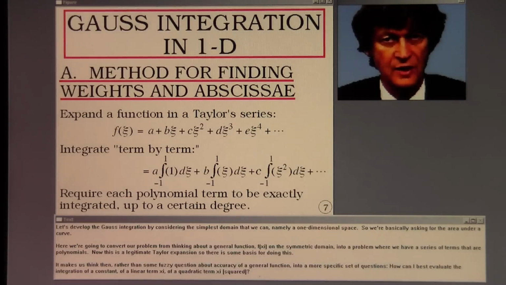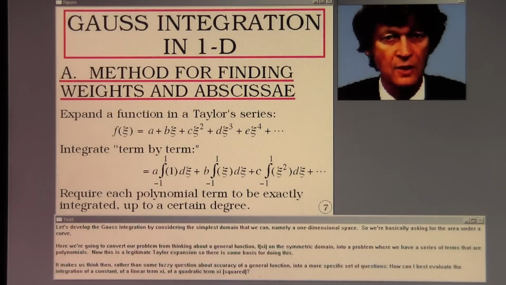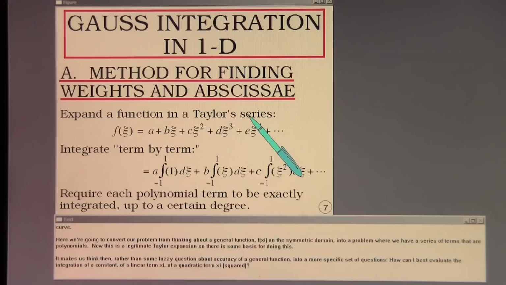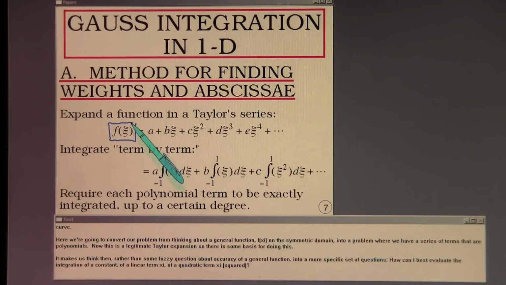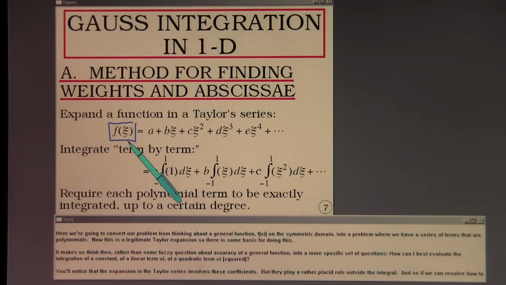Let's develop the Gauss integration by considering the simplest domain that we can, namely a one-dimensional space. So we're basically asking for the area under a curve. Here we're going to convert our problem from thinking about a general function, f of xi, on the symmetric domain, into a problem where we have a series of terms that are polynomials.